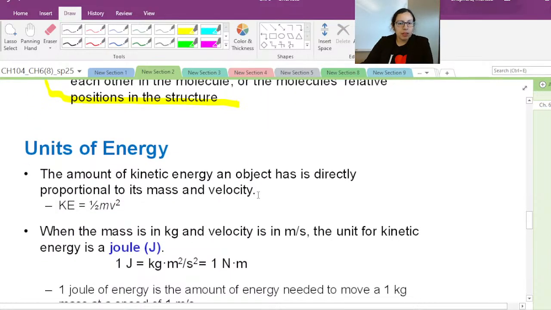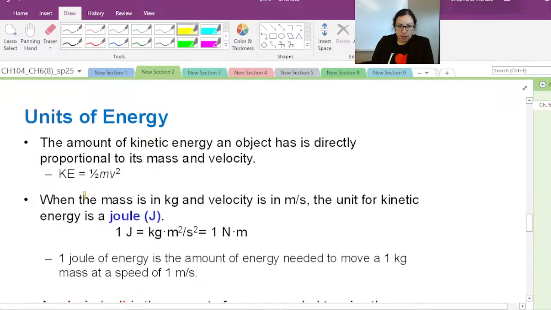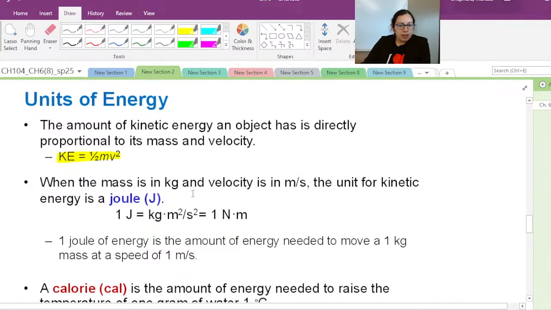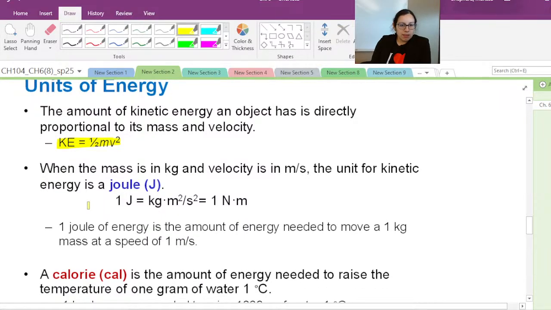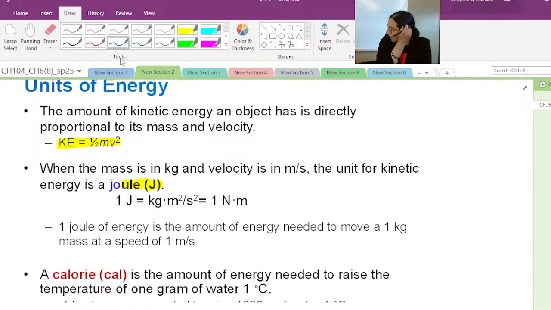Again, we have some equations and relationships. So this is useful. Kinetic energy is 1/2 mv squared. Now we can get to our units. Energy is always in joules. Let's look at the units for that.